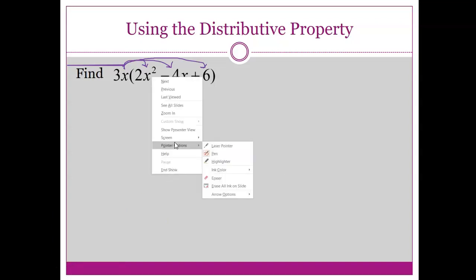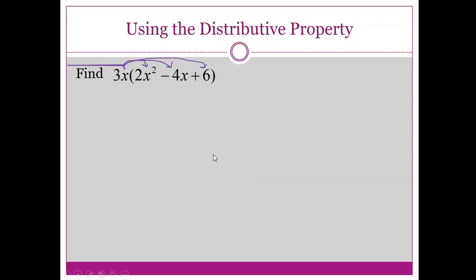So that is going to simply look like 6x cubed minus 12x squared plus 18x. There's nothing to combine, so we move on.